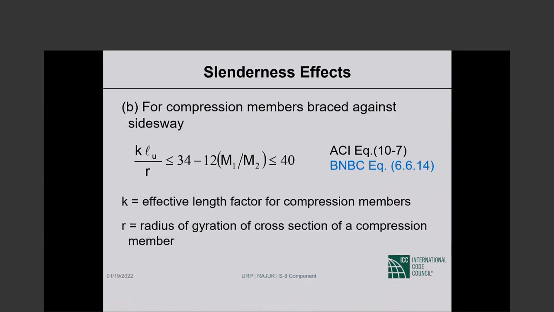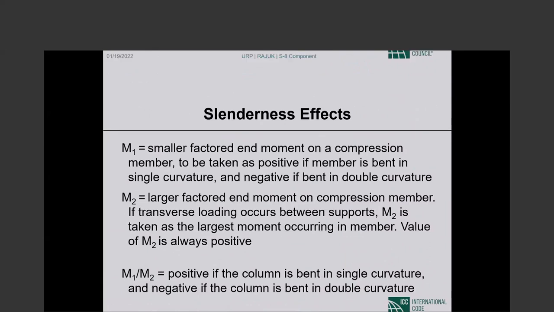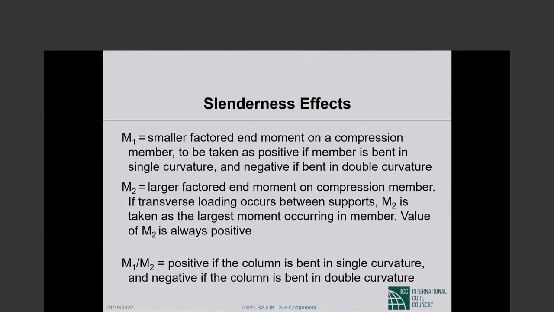KL_u over r, I have explained to you. So we have M1 and M2. It's extremely important that you get this part, what they are. M1 is the smaller factored end moment. There are two ends, two moments acting. The smaller one is M1. It's not top or bottom, this or that.